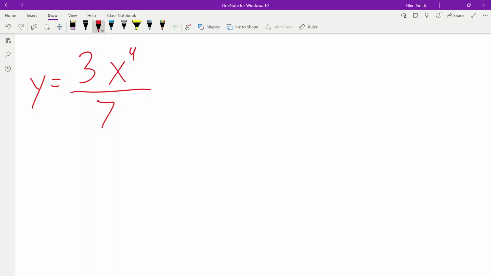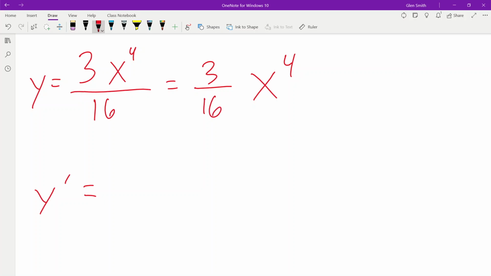You should think of this as 3/7 x to the 4th. Yes, you want it to be a number times x to a power. So y prime here is just, let's go ahead and change this to like a 16 or something. Just for fun. When you derive that, you can do 4 times 3 and get 12 over 16. But you all know that 4 and 16 cancel out. That's just 3/4.